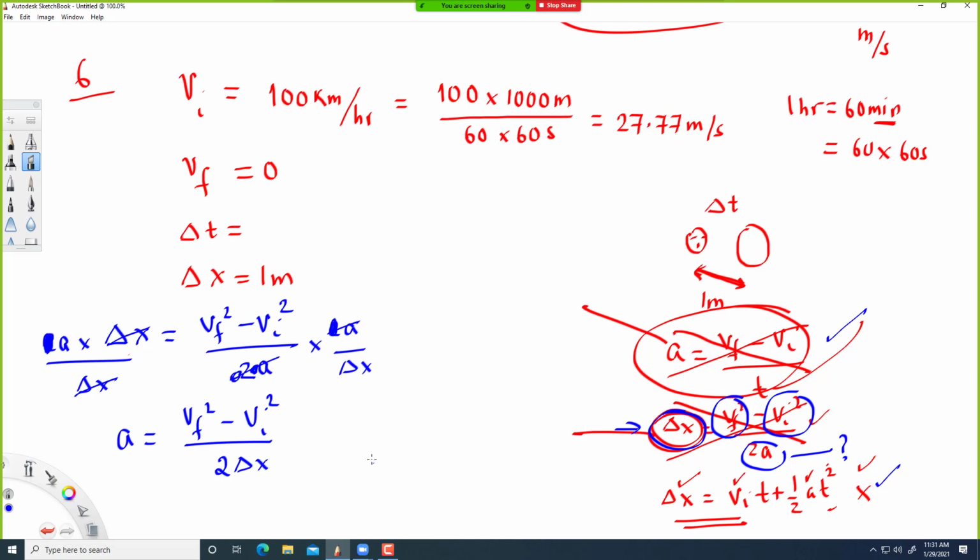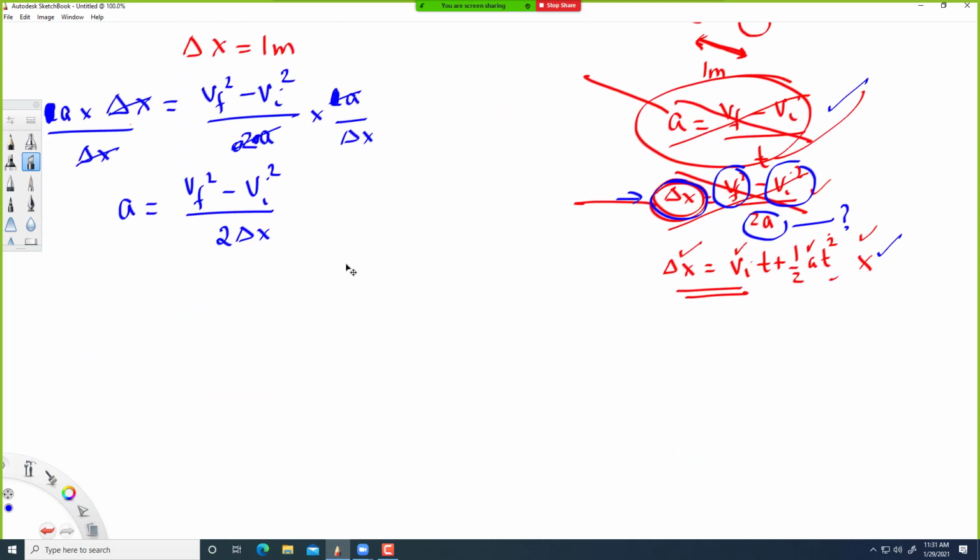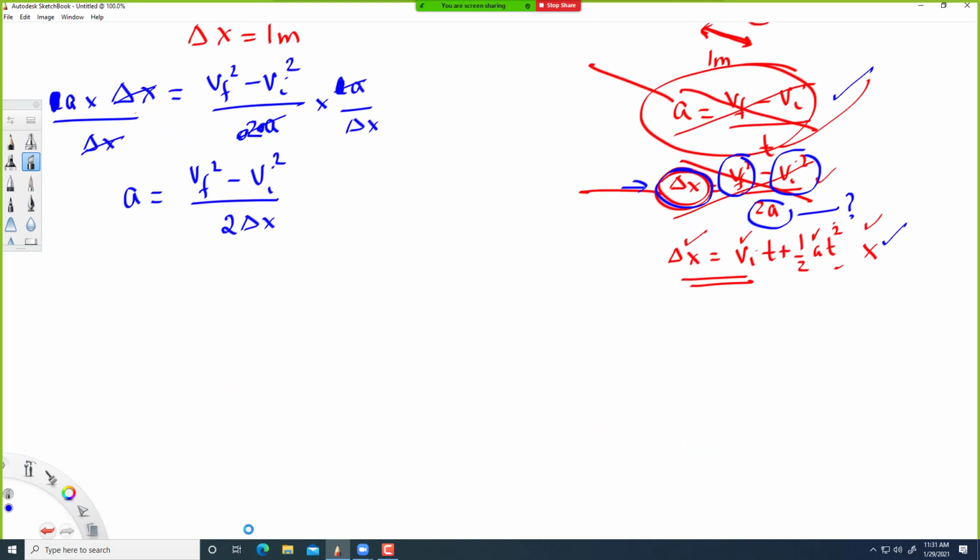So let's plug in the numbers on that formula. V final, because the car will be at rest eventually, is 0, and the initial one is the number we got from the conversion, 27.77.